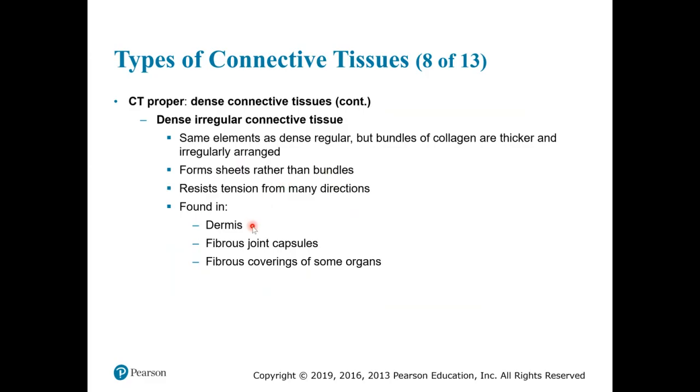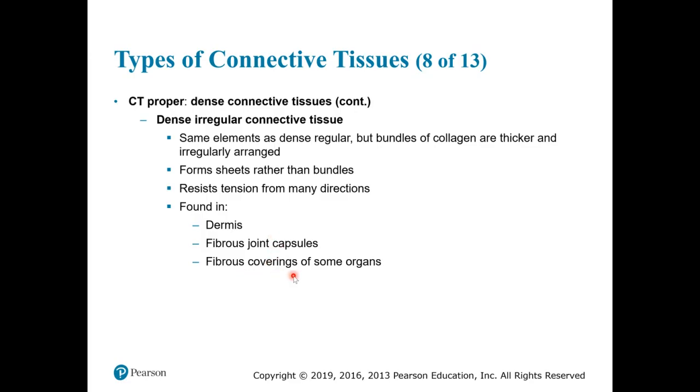We find it in the dermis of the skin. So which way is your skin going to stretch next? Well, you don't know. So we find this tissue type spreading out that force whenever we get pulled. Joint capsules: some joints, we'll be talking about that in lab this week if you haven't already, have synovial joints, have capsules around the outside to help distribute, protect, and contain the fluid, and also distribute any stress evenly.